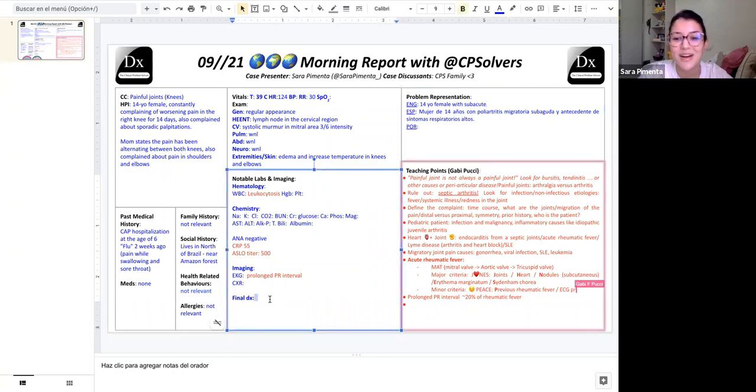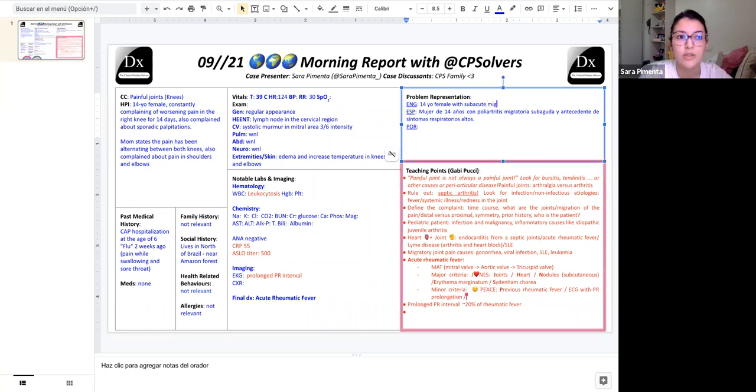So everyone was right, explaining the Jones criteria. And something that is interesting is in the same hospital that we attended this kid, we also had another kid treating actually a carotid aneurysm, if I'm not mistaken, also because of acute rheumatic fever.